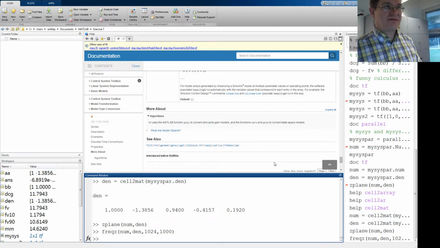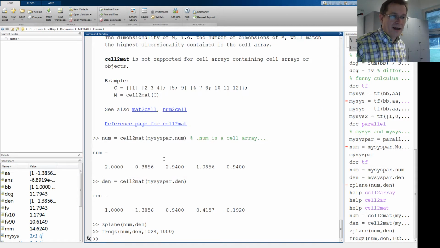You build it with TF from numerator coefficients and denominator coefficients, and adding the sampling rate gives you a z-plane transfer function system. Then you get back to the parameters by this funny thing. The num field in this object is a cell array that you can transfer back to a matrix, meaning an array of values, which you can use in freqz or whatever filter or some other command.